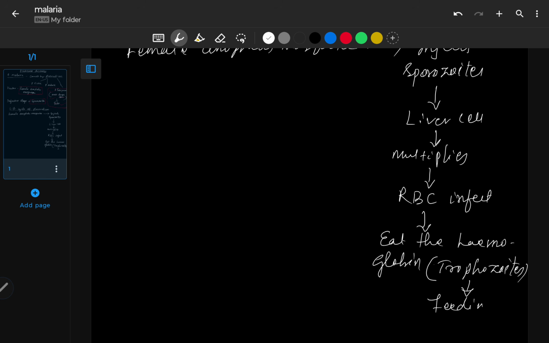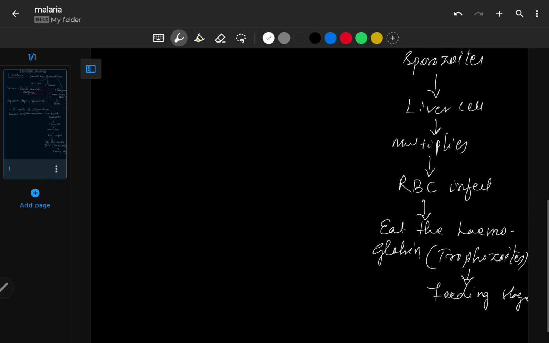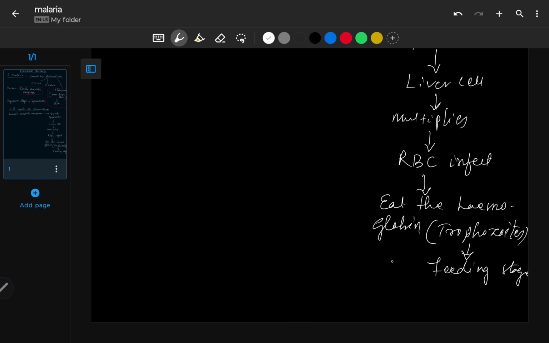When it feeds upon the hemoglobin, it releases hemozoin, a toxic substance.